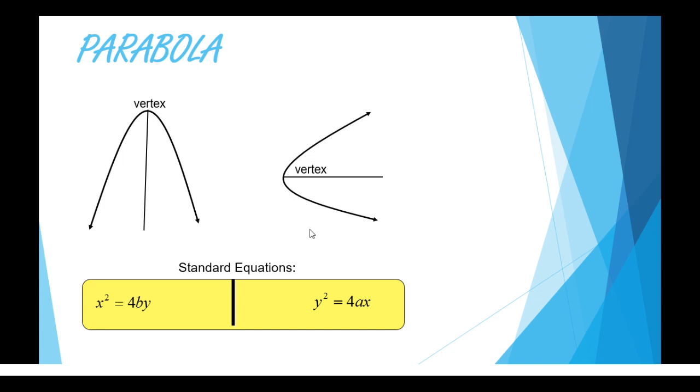So we have two forms of parabola which I have mentioned here as standard equations, but there are four forms of parabola. I haven't mentioned all four forms just because I'm giving you the introduction here.